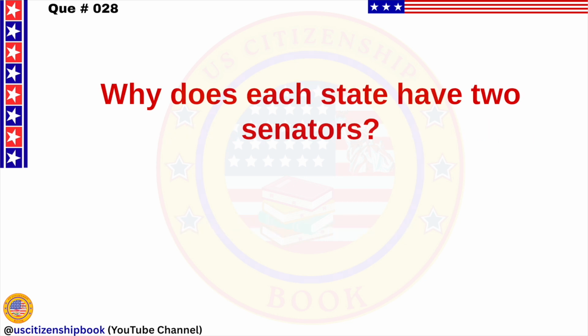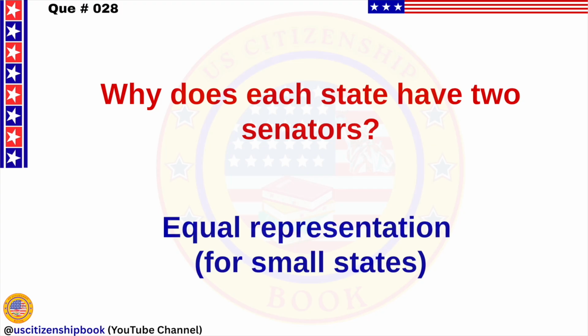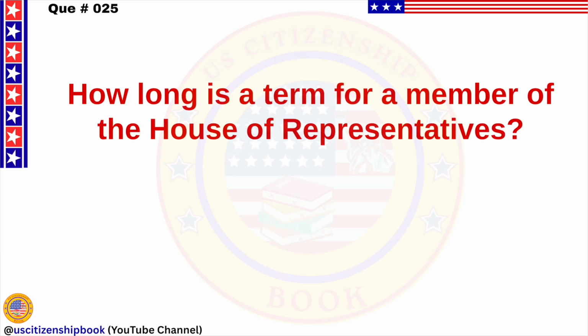Why does each state have two senators? Equal representation for small states. How long is a term for a member of the House of Representatives? Two years.